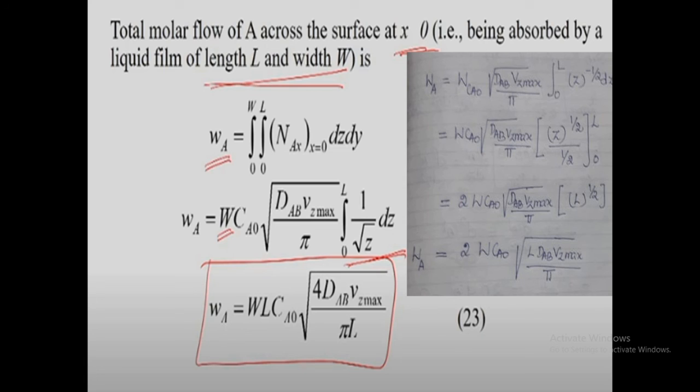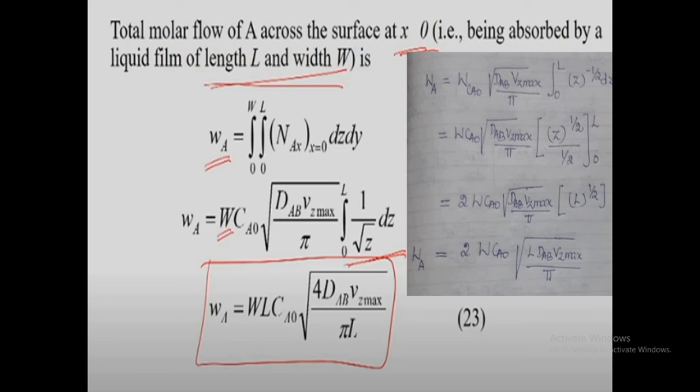So next we are going to concentrate on the z value. Before that we are going to substitute the N_Ax value here. So refer to the previous equation, take the N_Ax value and substitute here. N_Ax is equal to C_A0 into root of D_AB v_z,max divided by pi z. So with respect to y we get the W value.